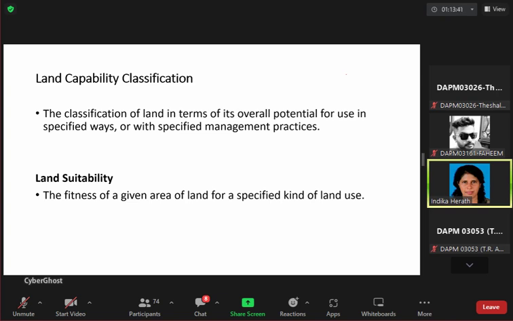So land suitability means whether the land is fit for that purpose. It can be cultivation of a crop, it can be rearing animals, farm animal production or anything like that. We need to see whether it is suitable.